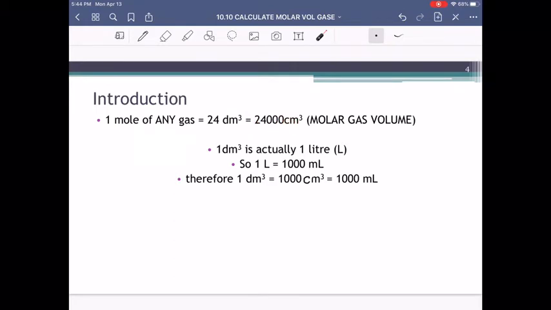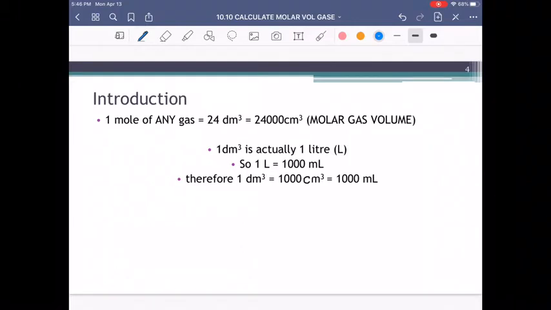For your information, 1 dm cube is actually 1 liter, because liter is volume, occupying space. 1 liter is equal to 1000 milliliter. Therefore 1 dm cube is equal to 1000 centimeter cube, which is equal to 1000 ml.